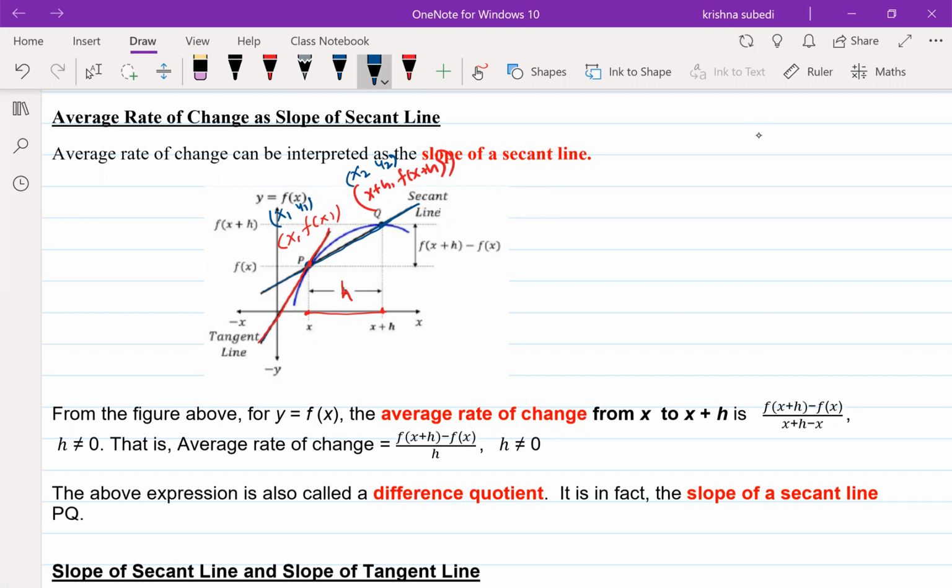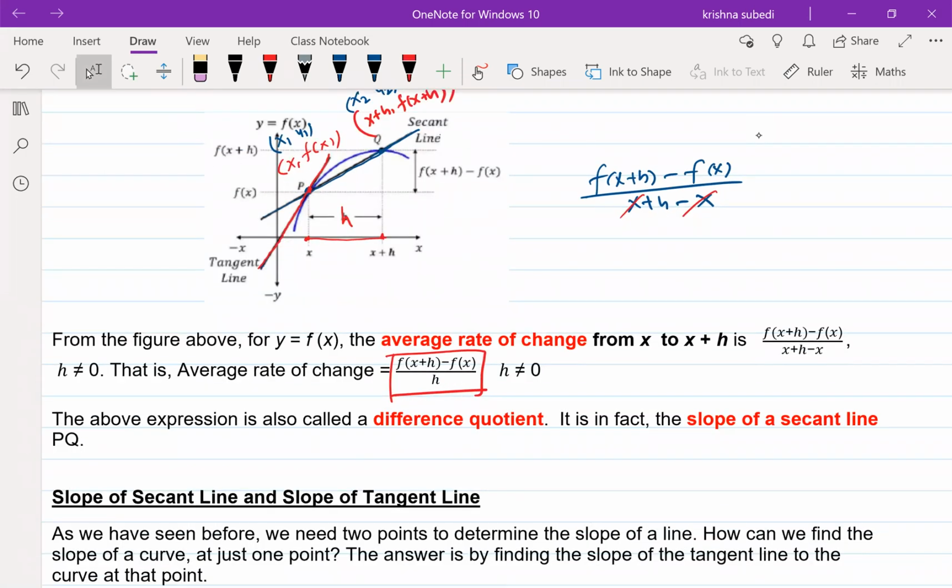So now y2 minus y1 means f of x plus h minus y1, which is f of x, over x plus h minus x. So this x and x can be cancelled out. So basically you are left with this formula, okay? F of x plus h minus f of x over h.